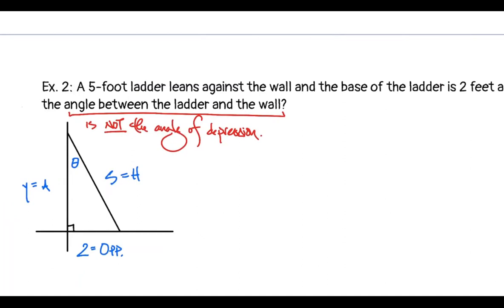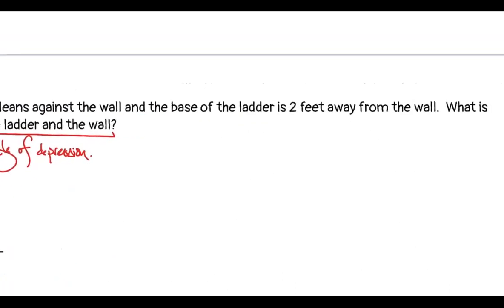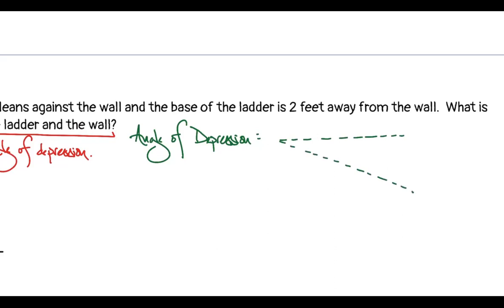What is an angle of depression then? Let's think about what it is. An angle of depression is when you have a horizontal line, and you measure down from that horizontal.